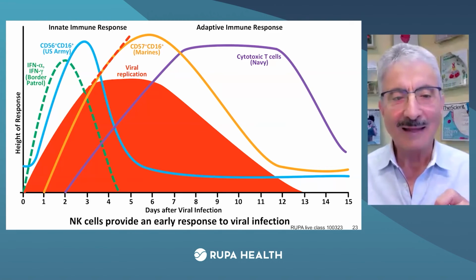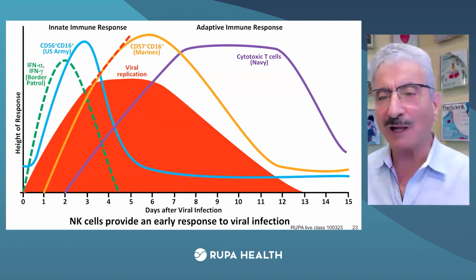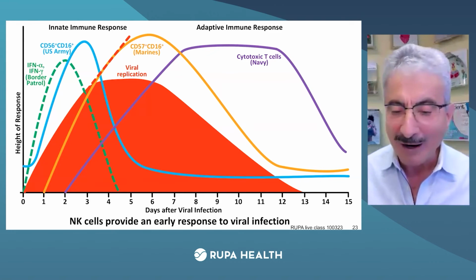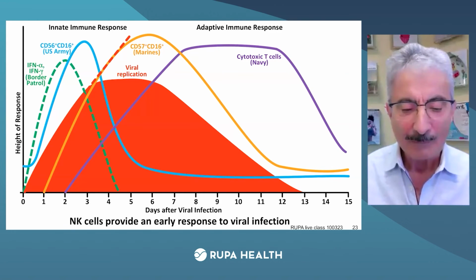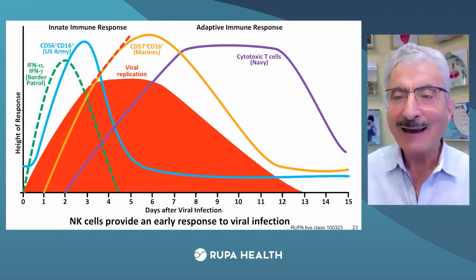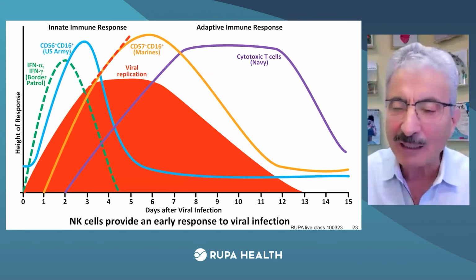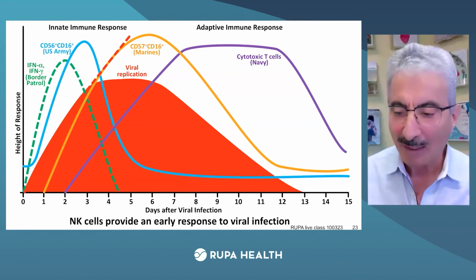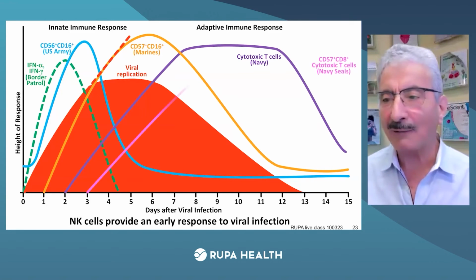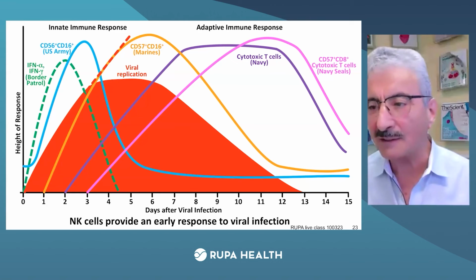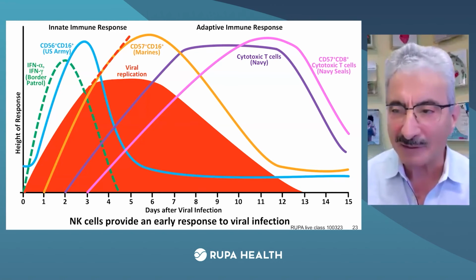If in case the Army and the Marines could not finish the job, the body is going to call the Navy, because it takes almost 6 to 10 days to get ready and have their ammunition ready to fight the infection. And finally, the subgroup of cytotoxic T cell, which is a combination of CD57 with cytotoxic T cell, we call them the Navy SEALs.